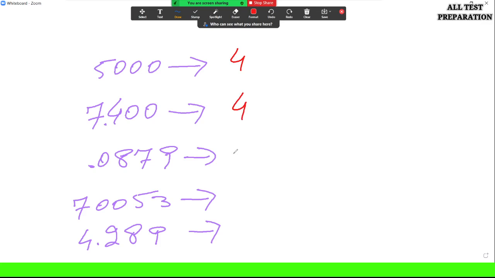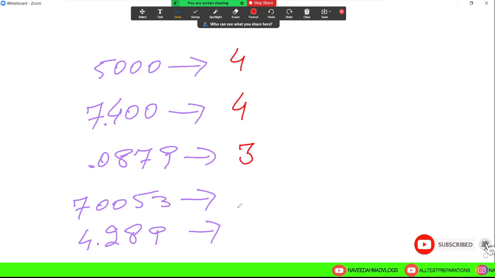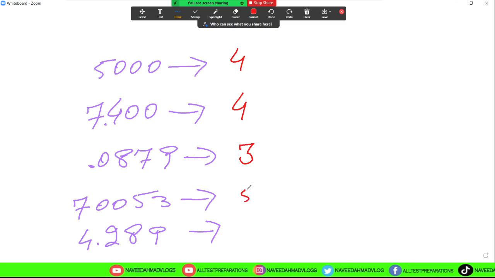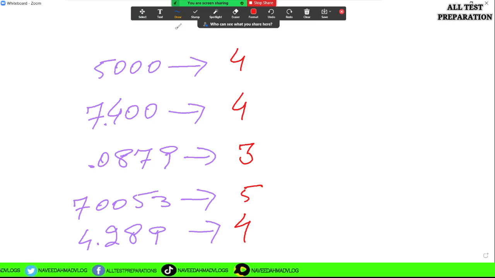In 0.0879 I think there are 3 significant figures. In 70053 there are 5 significant figures. In 4.289 there are also 4 significant figures. Okay, good.